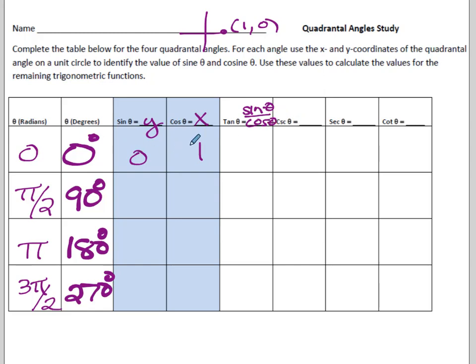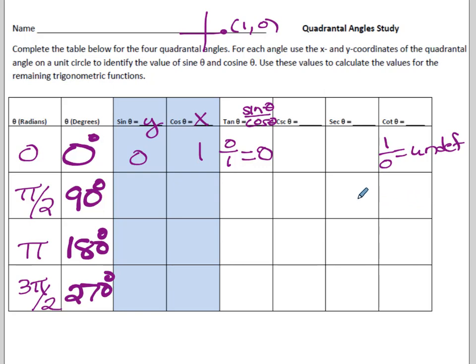And so if I know my sine and my cosine value, then we get 0 over 1, which is equal to 0. Of course, cotangent is the reciprocal of the tangent function. So that would be 1 over 0. And this is undefined. We cannot divide by 0. Okay, so we'll just say undefined. All right, and we'll find out more about that a little bit later.